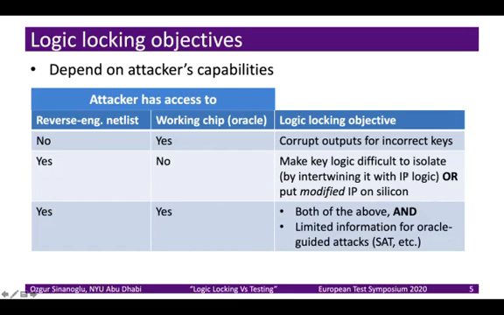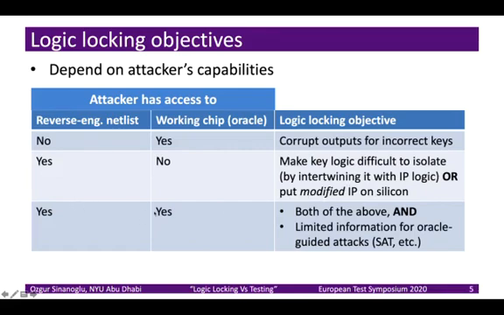So the things that the logic locking tool or person can do is the key logic can be intertwined with the original logic, making it difficult to isolate and remove. Or better, you can make some good modifications to the original design to obtain the modified design and implement that in our chip, which would make it very difficult for the attacker to obtain the original design from the modified one. We'll get more into this.